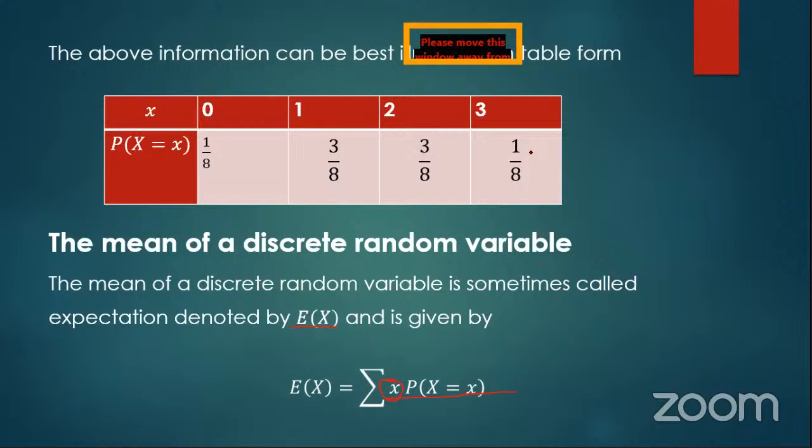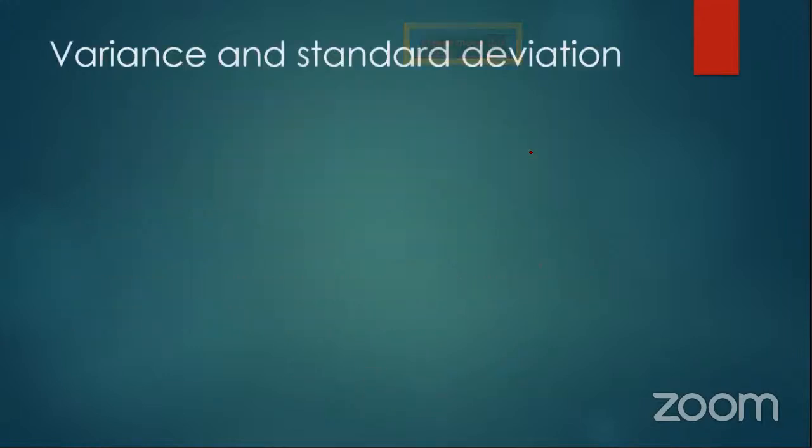When we add them up, that gives us the expectation, or the mean, of a discrete random variable.